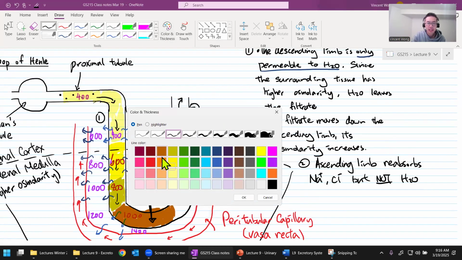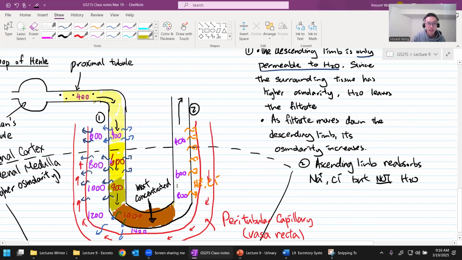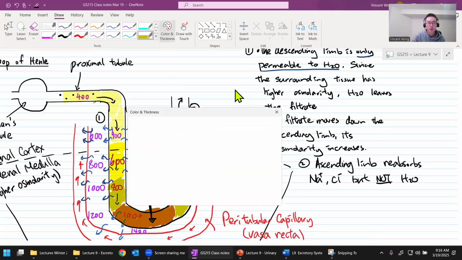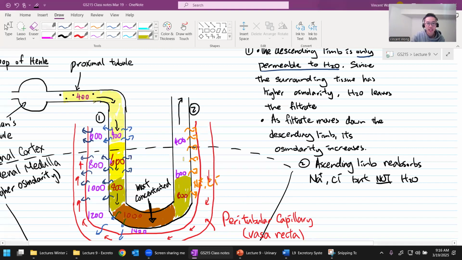So roughly, I would say 10 to 15% of the filtrate that we produce initially will be absorbed here. All right, so 60 to 70% from proximal tubules reabsorbed. Additional 10-15% gets reabsorbed here. We are okay at this point.